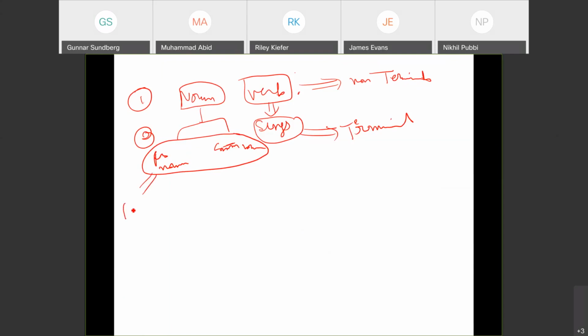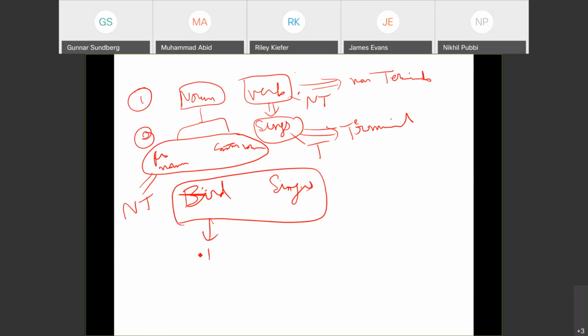Now, let's say I put birds here, and I put sings, which I already have, here. So: bird sings. Now this combination has all terminals.